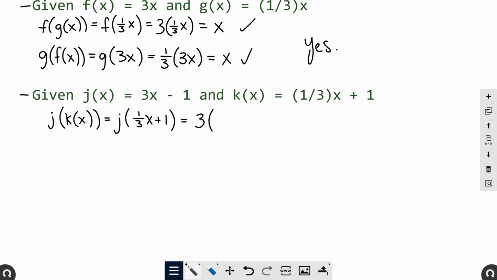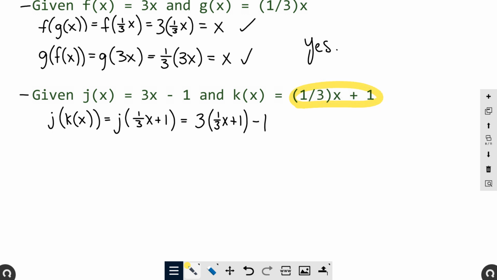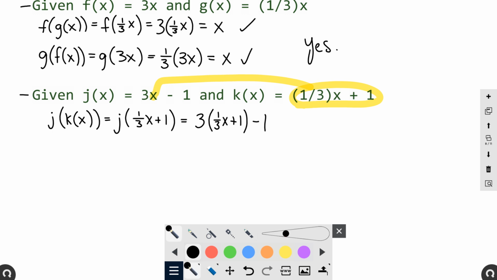So in the place of x, we put 1/3 x plus 1. So it's 3 times, and then 1/3 x plus 1, minus 1. So taking this whole function and putting it where that x is.